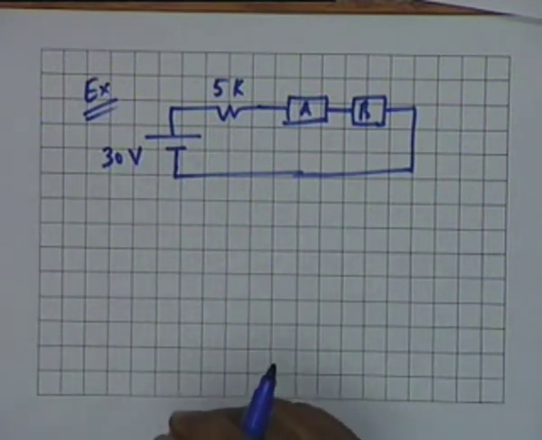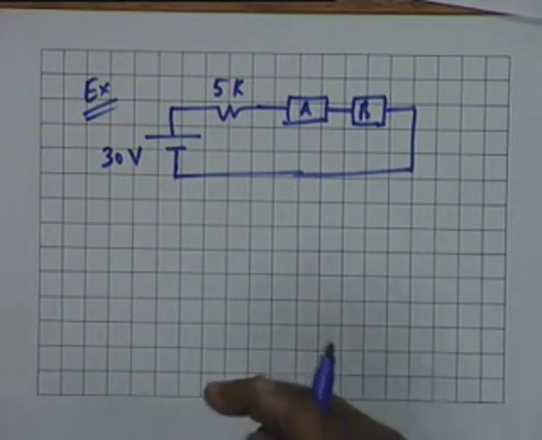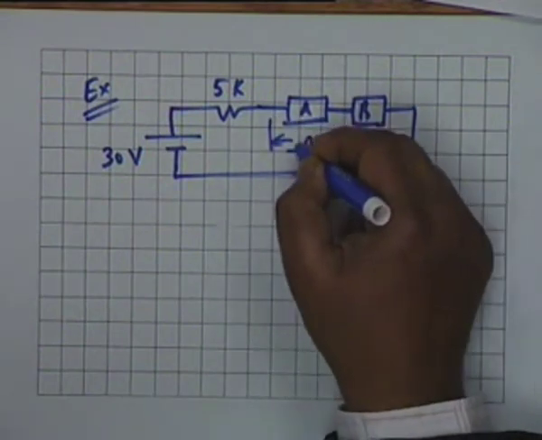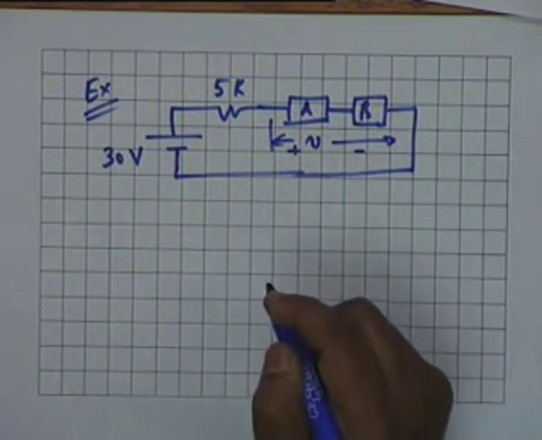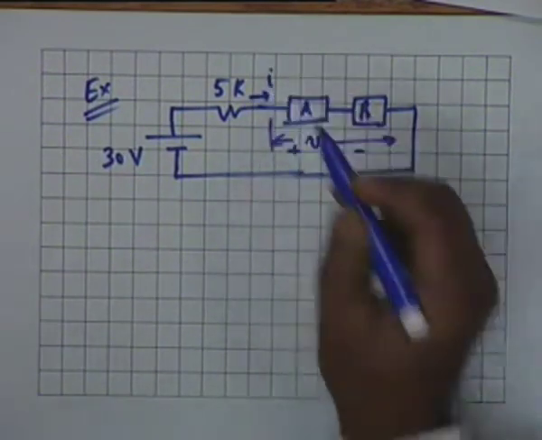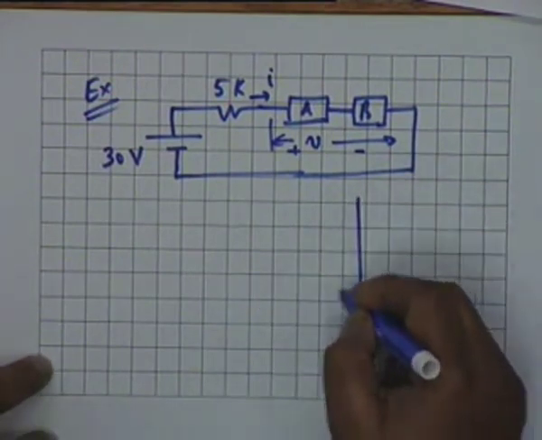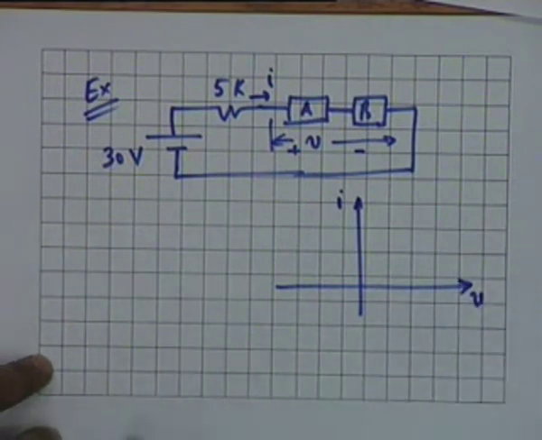What do you mean by characteristics? A plot of I versus V or V versus I. This is given. What you have to do is, if this voltage is V for the composite device, that is A and B in series, and this current is I, the first thing you have to do is to get the composite characteristics, that is, plot I versus V. How do you do that?